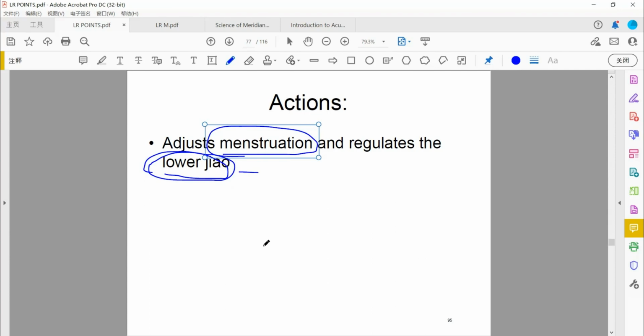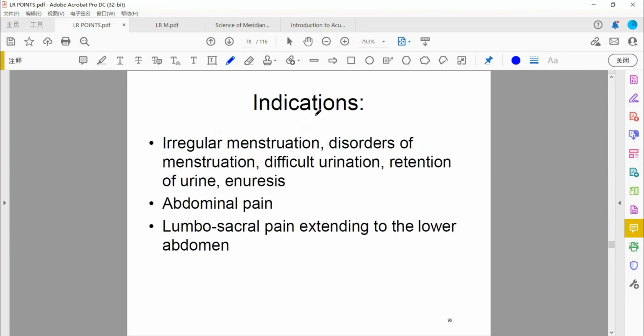And genital region problems, men's problems. Let's see the indications. Irregular menstruation, disorder of menstruation, urination, retention of urine, enuresis. Abdominal pain, lumbar sacral pain extending to the lower abdomen.